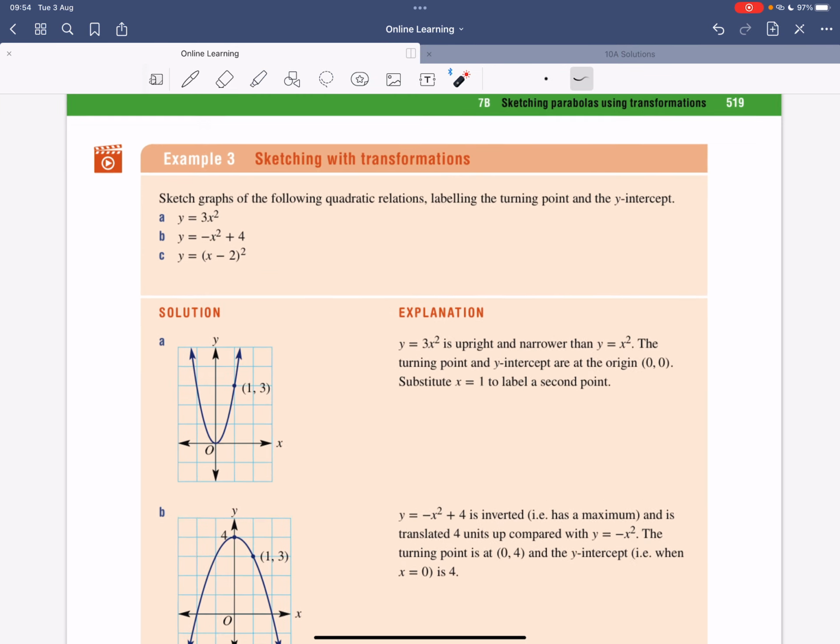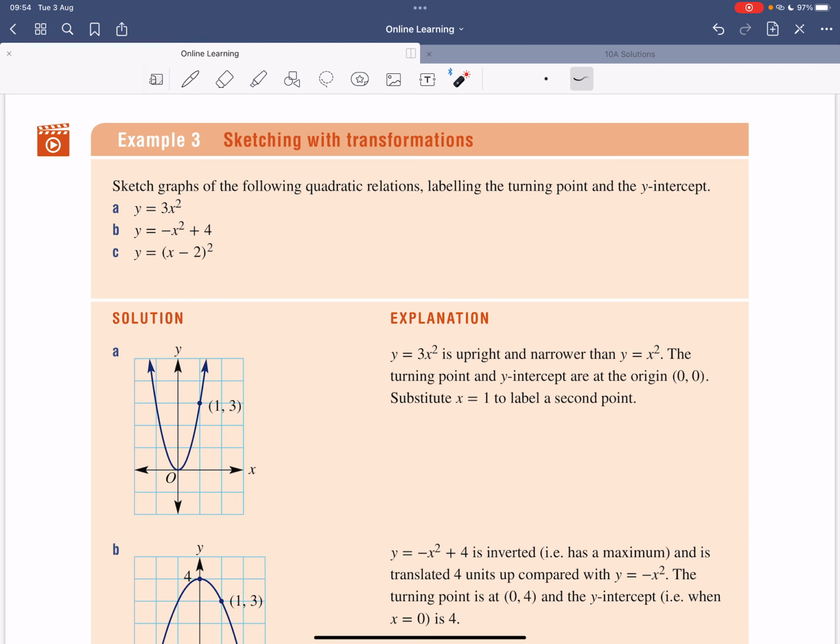So example A: sketch the graphs of the following quadratic relations, labeling the turning point and the y-intercept. Just looking at this function here, I know it takes the shape of y equals ax squared. And so we automatically know all of those key ideas that were explained before.